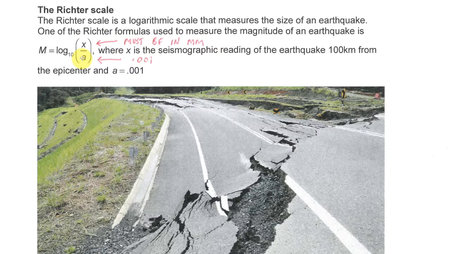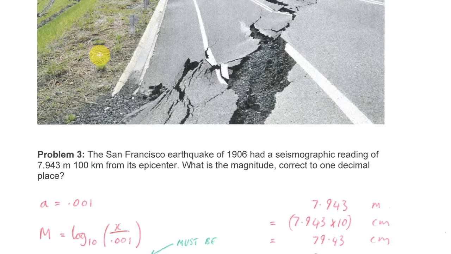A is a constant, and that's equal to 0.001. So for this particular model that will give us a Richter scale, this little a is 0.001, and x is that distance measured in millimeters. Let's look at an application of it.